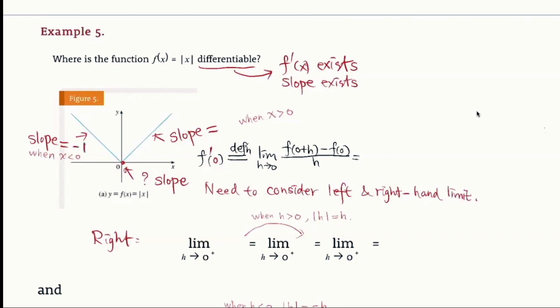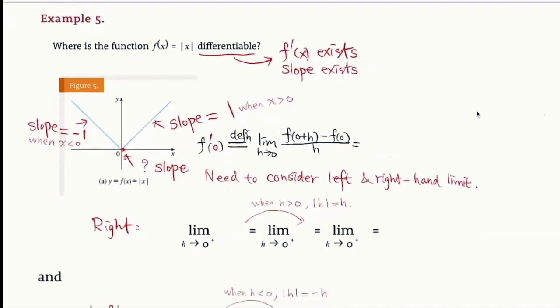And on the other side of 0, the slope is equal to positive 1. So the function will be differentiable when x is less than 0, and also when x is greater than 0, because the slope of the tangent exists as a real number.